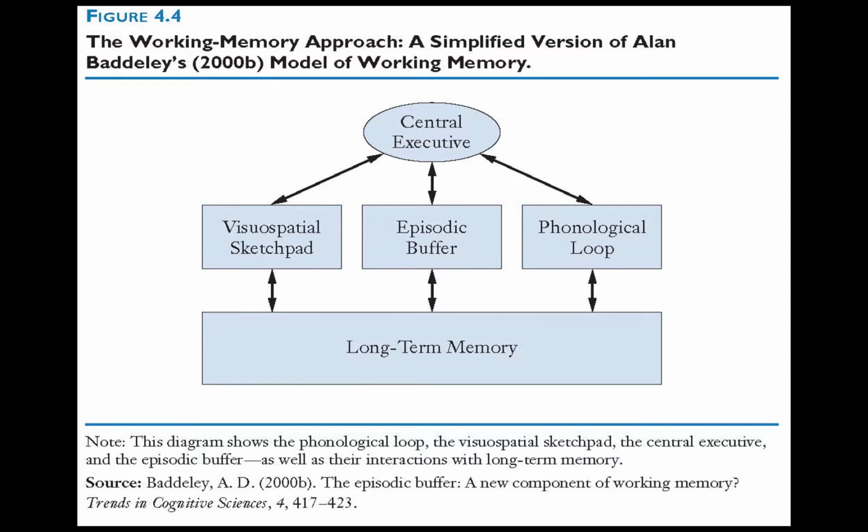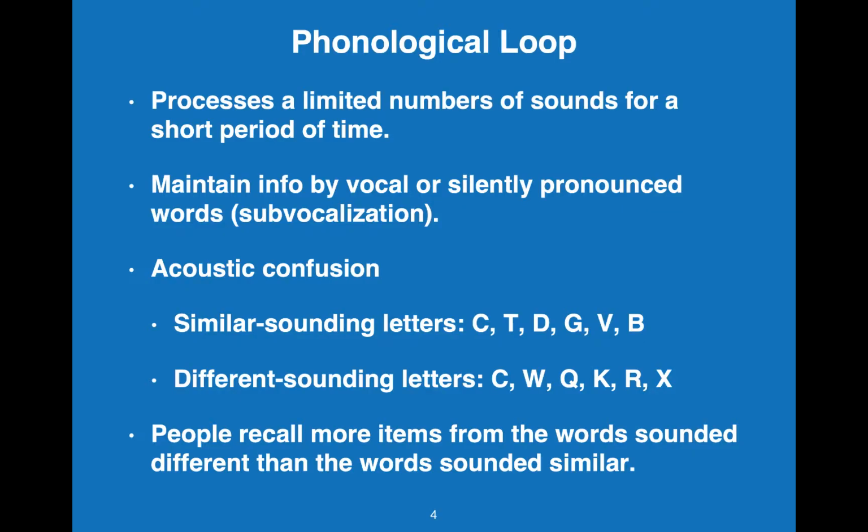So there are 4 components that make up working memory. They are Phonological Loop, Visuospatial Sketchpad, Episodic Buffer, and Central Executive. Last time you studied the Phonological Loop. The Phonological Loop processes a limited number of sounds for a short period of time.